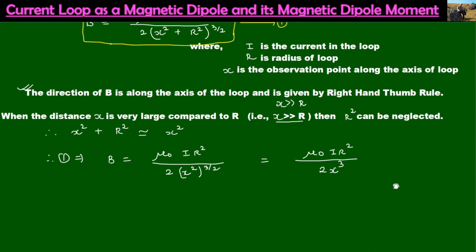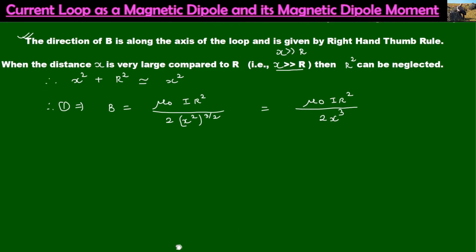Now, another important logical step that we need to do is to multiply and divide the above equation by twice pi. When you multiply and divide by twice pi on this particular equation, over here I have mu naught, and we have the 2 value, so I will put this 2 over here.